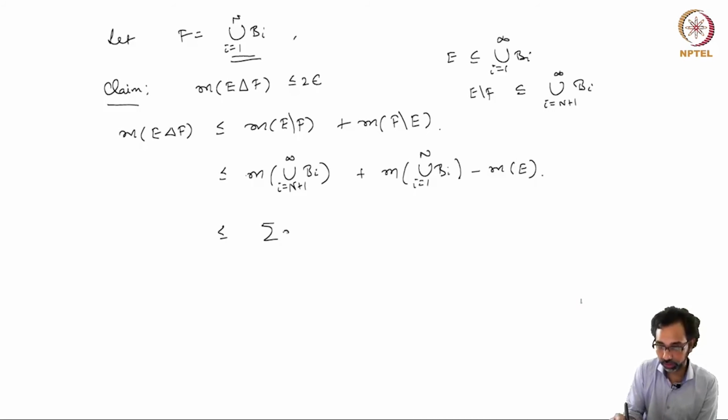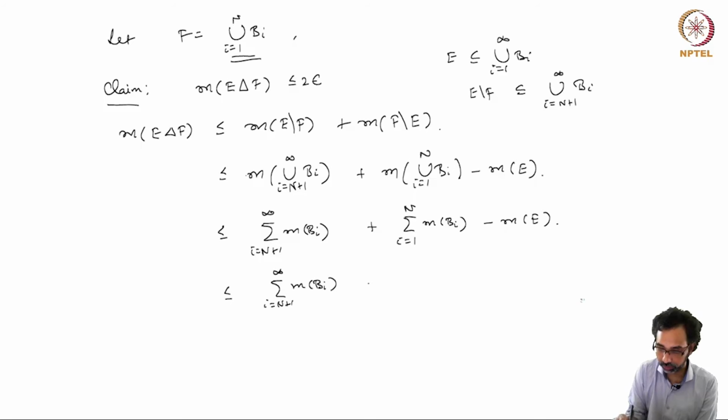So now this is less than or equal to the sum from n plus 1 to infinity of m(Bi), and the next term is less than or equal to the sum i equal to 1 to n of m(Bi) minus m(E), and this is again less than or equal to the sum i equal to n plus 1 to infinity of m(Bi).